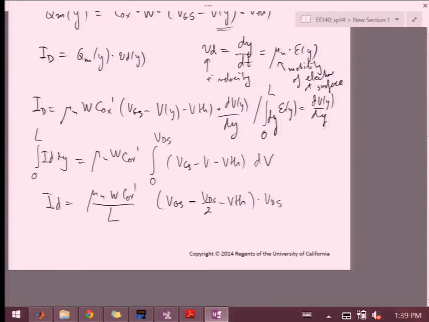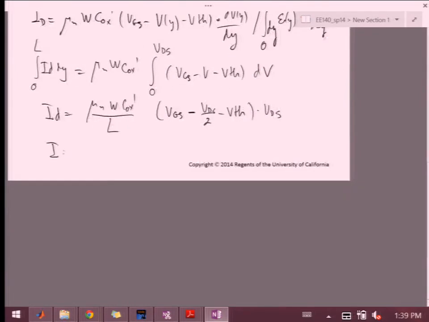Okay. So if we nicely write this out, this is then mu n W Cox prime over L. And then here we're going to have VGS minus VTH times VDS minus VDS square over 2. Okay.